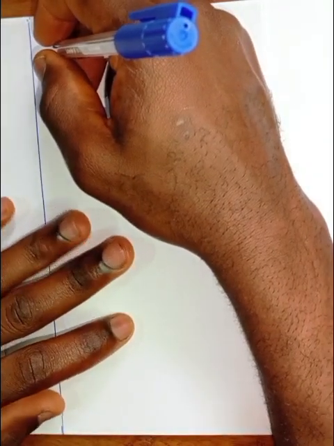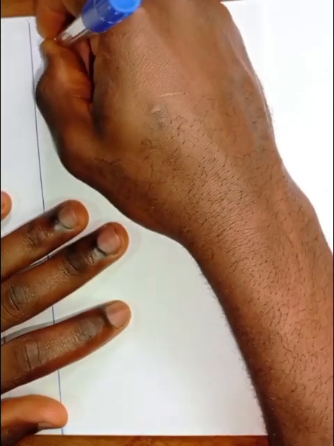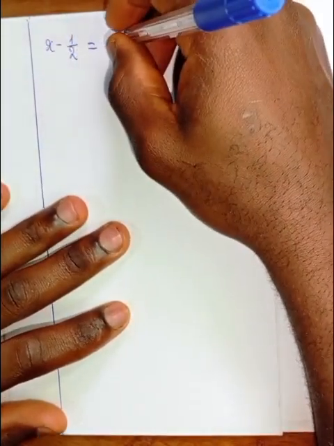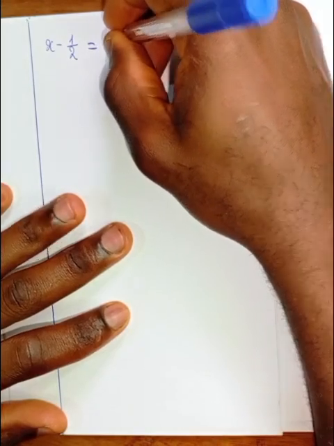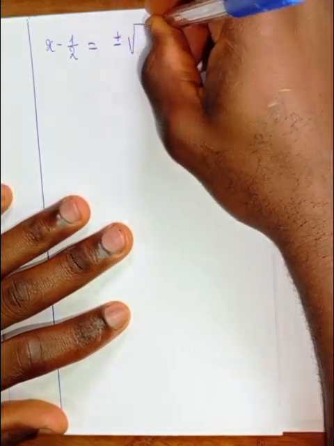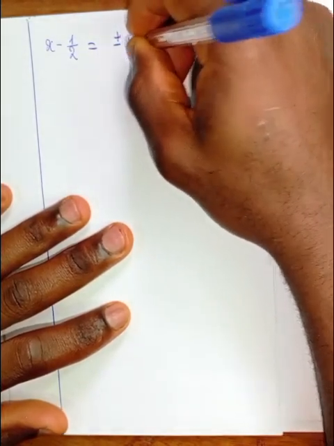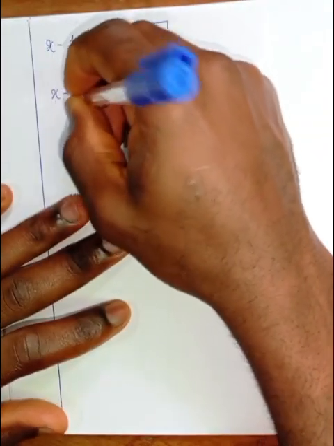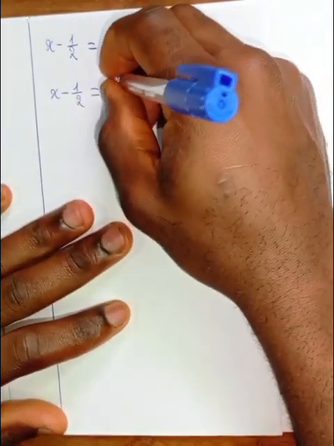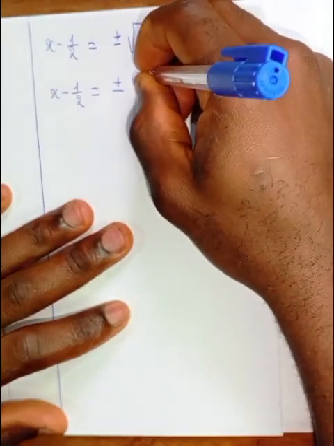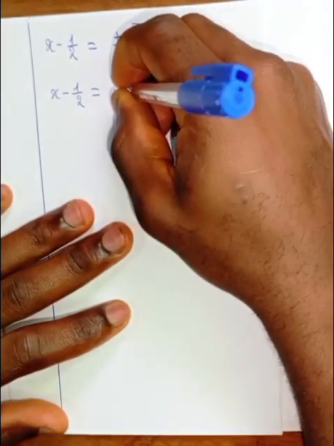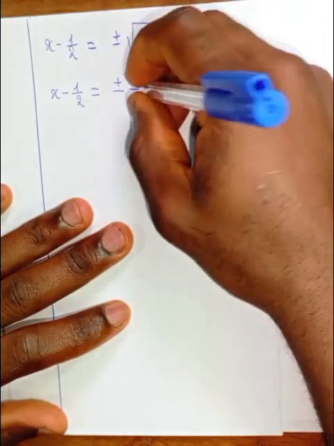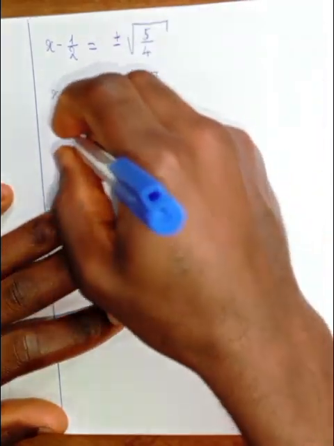This will simply give us x minus a half is equal to plus or minus the square root of 5 over 4, which is x minus a half is equal to plus or minus the square root of 5, we know the number 5 is not a square number, over the square root of 4. We know the square root of 4 is 2.